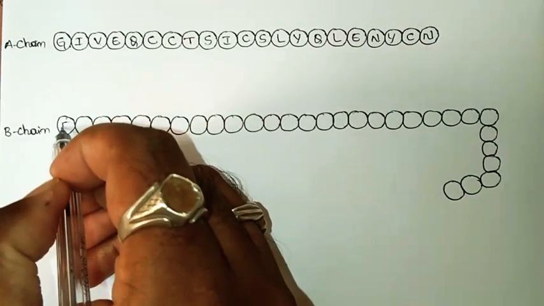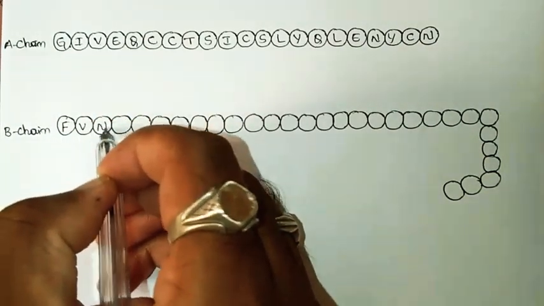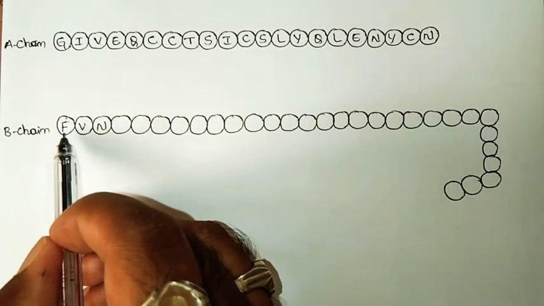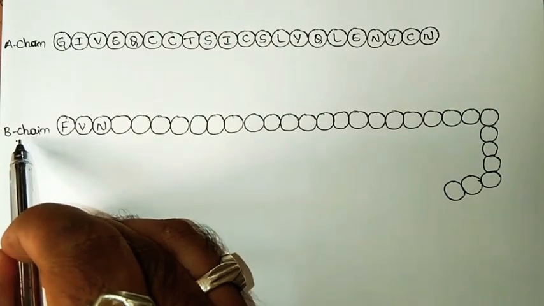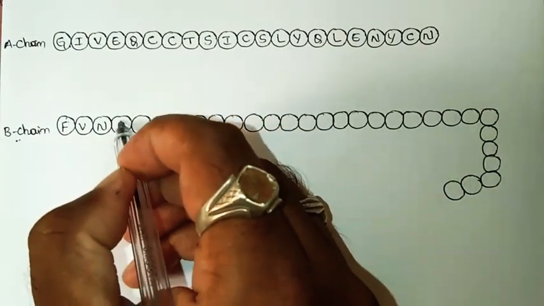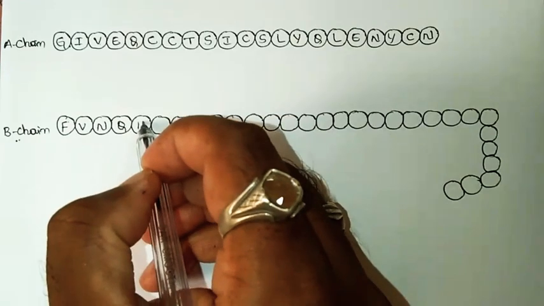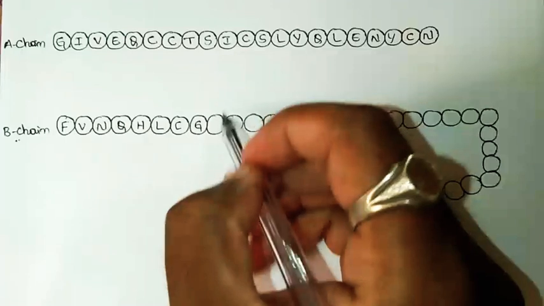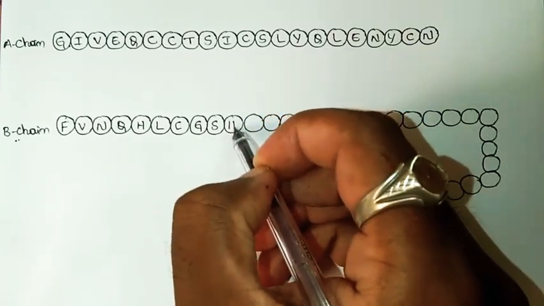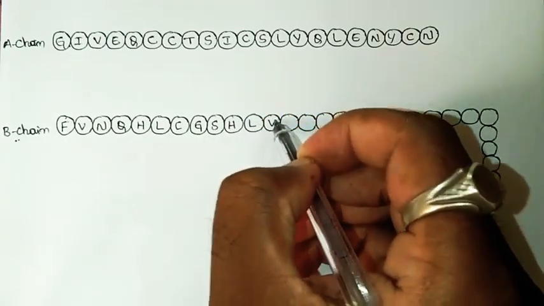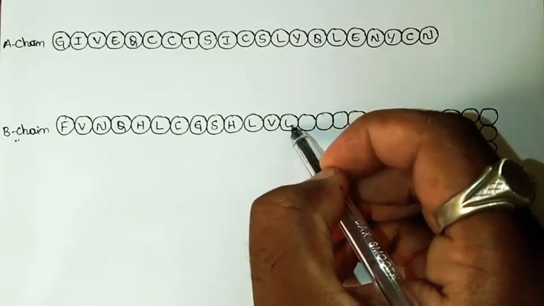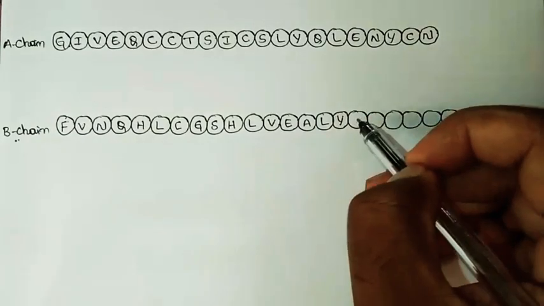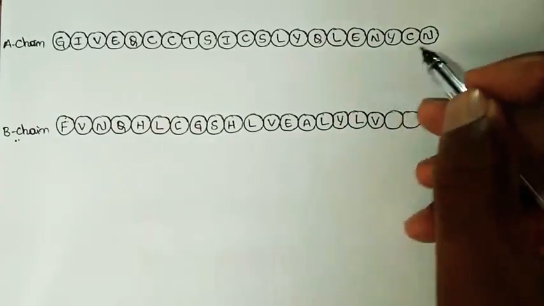So Faven, that is F, V, N, is the first three amino acids, and here F accounts for phenylalanine and is the N-terminal amino acid in case of B chain. So Faven questioned his local chief general for shelving, SHLV, shelving early, EALY, early leave, LV.